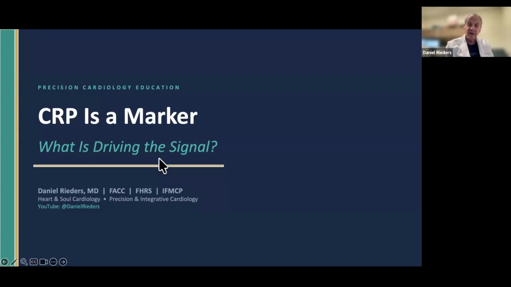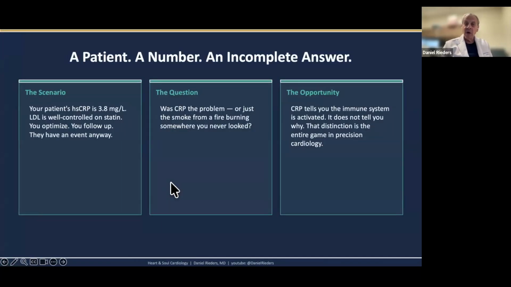HSCRP, high sensitivity CRP, versus the other CRP that can be measured, HSCRP is known as cardiac CRP, is a marker. So in clinical medicine, we have something called a sedimentation rate. And so with a sedimentation rate, when it's elevated, or a HSCRP is elevated, or something called a GlycA, those represent that there's something going on in the body that's not good.